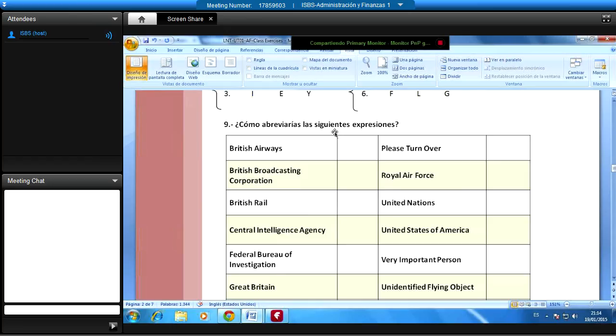It's like Iberia, or Air France in France, or Alitalia in Italy, or Lufthansa in Germany, or Swiss Air in Switzerland. So it's the flag, the national airline in the UK.